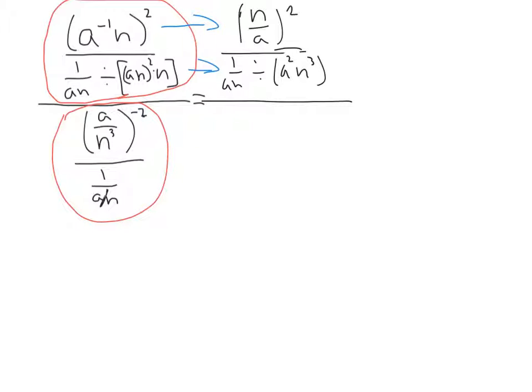The section right here can be interpreted as 1 over a over n cubed all squared. And the denominator of this is going to be 1 over a over n, which you can apply the flip rule to.